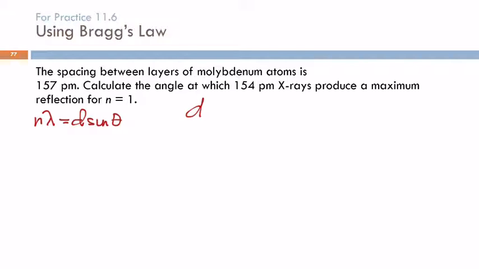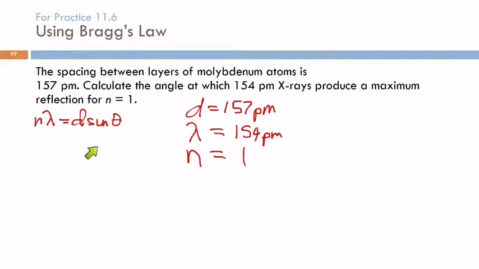So D equals 157 picometers. 154 picometers, what's that? That's the wavelength, lambda, the wavelength of the radiation. So 154 picometers. And it says that n equals 1. So we want to find what theta is.